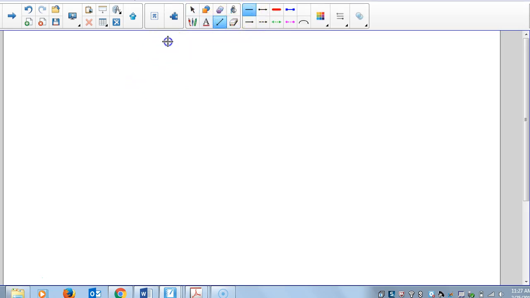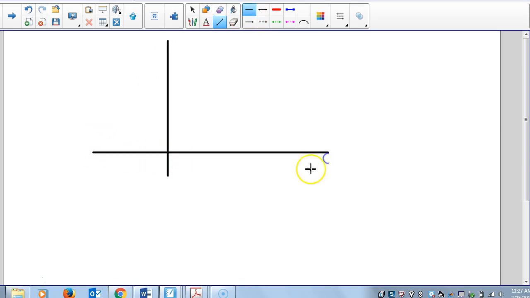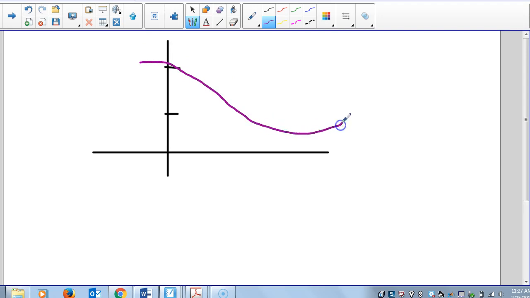I'll just do lines. Okay, so let's say I've got a graph, and let's say I've got a couple of numbers on it. Something like that.